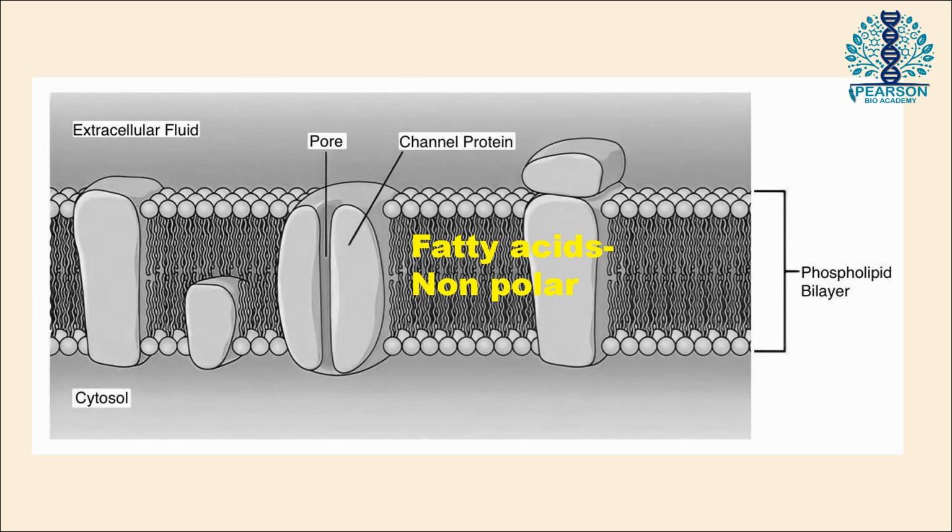Therefore, they should contain R nonpolar groups. And on the other side, inside the channel protein or through the pore, they have to transport polar molecules. Therefore, definitely they should contain R polar groups.